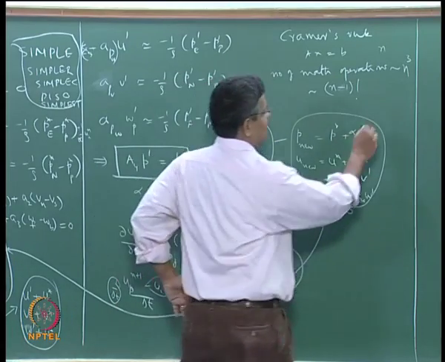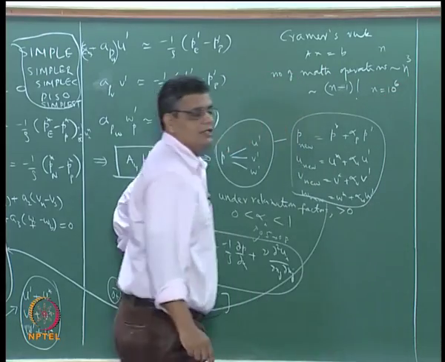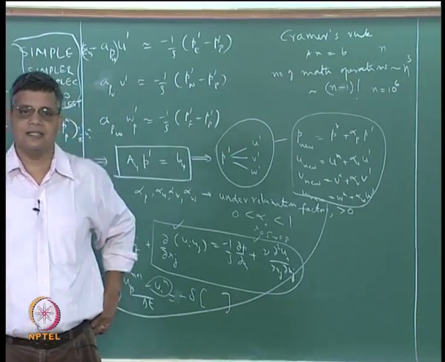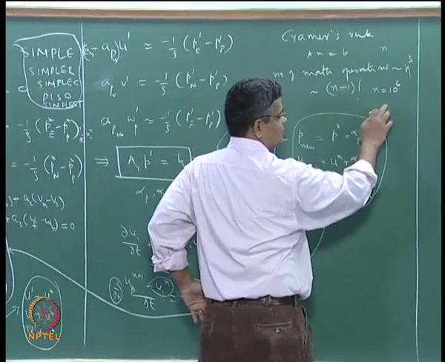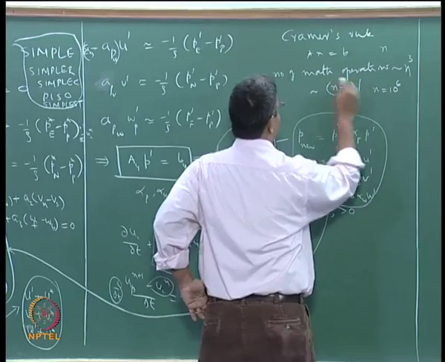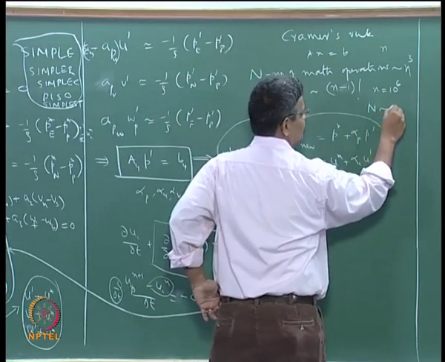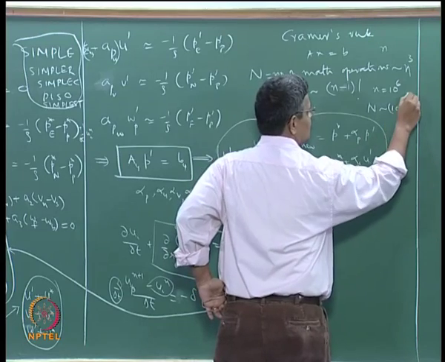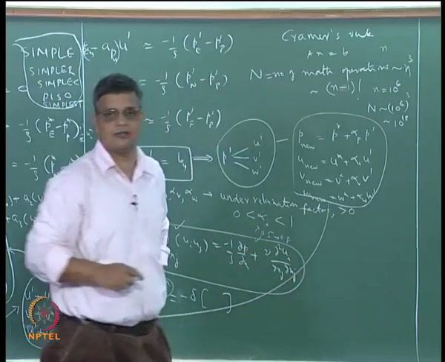For example, if you take n to be a million, so the number of grid points is a million, then the number of mathematical operations that you have, let us call this capital N, will be of the order of 10 to the power 6 cubed, so that is 10 to the power 18 mathematical operations needed.